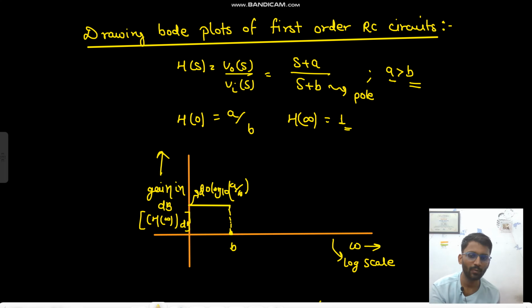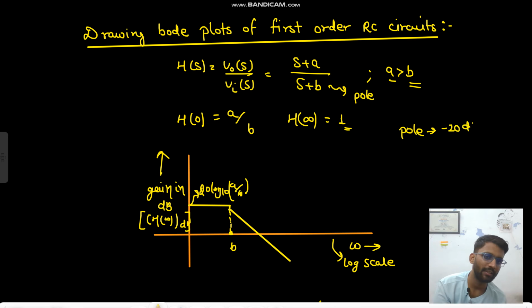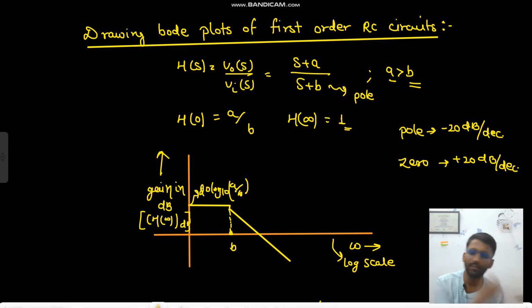At b you will have a slope of minus 20 dB per decade. So one pole will give you minus 20 dB per decade slope, and one zero will give you plus 20 dB per decade slope, and DC gain will have no slope.